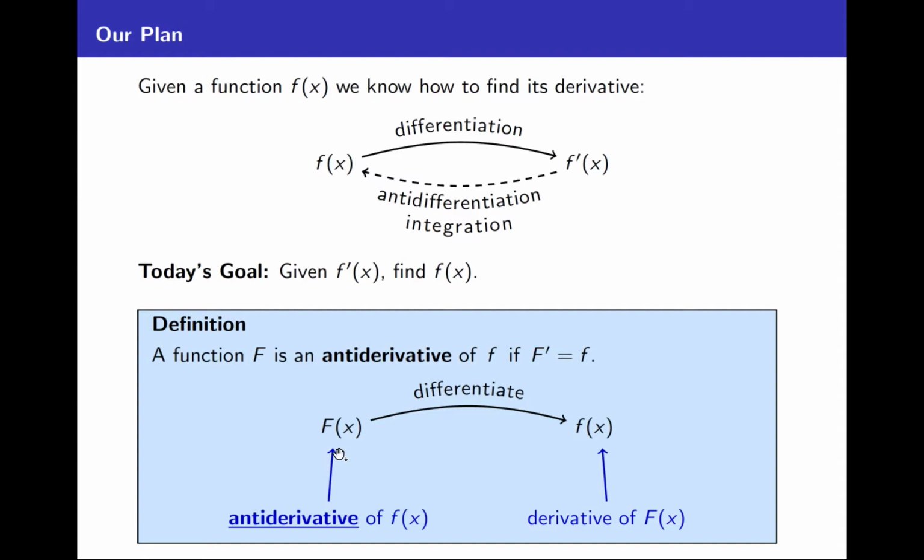But this big F of x is now called the antiderivative of little f of x. And again, that process of going from the derivative to the antiderivative is called integration. You would say you integrate this function f of x to get this function big F of x. And we'll talk about that process today.